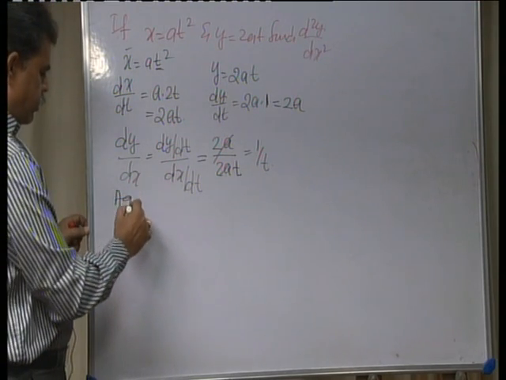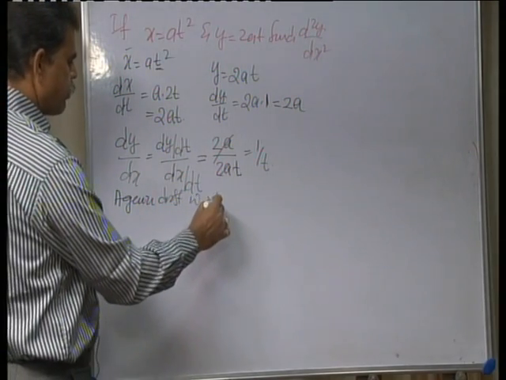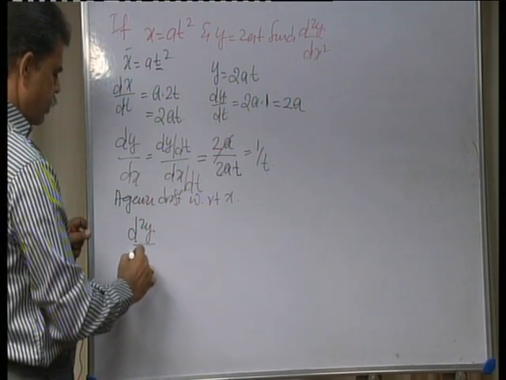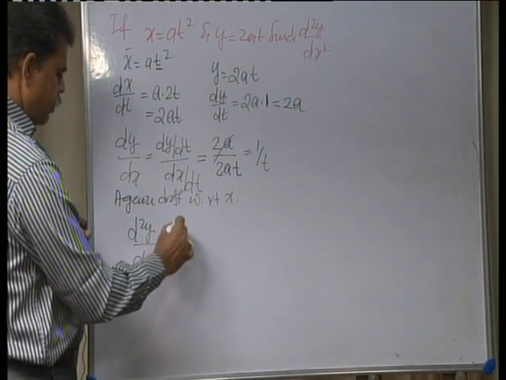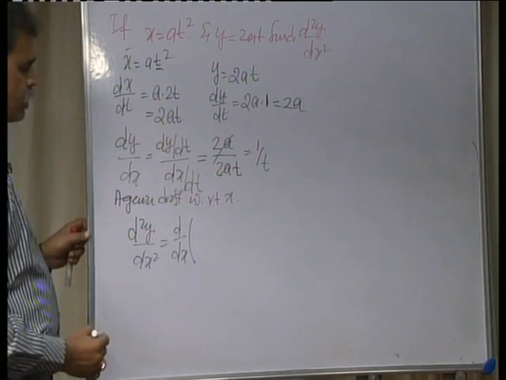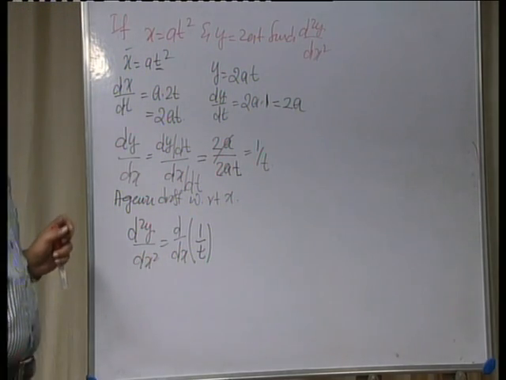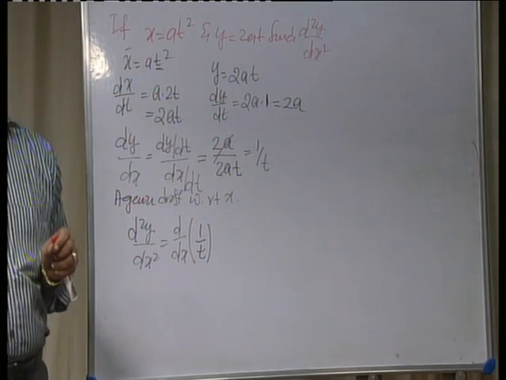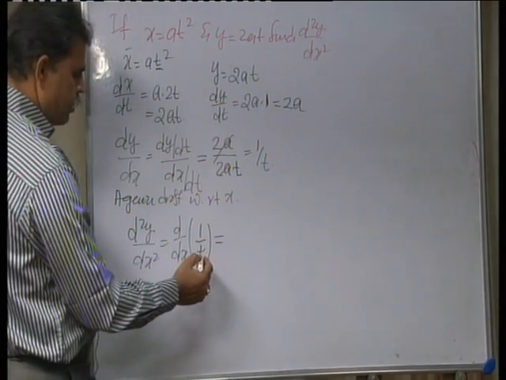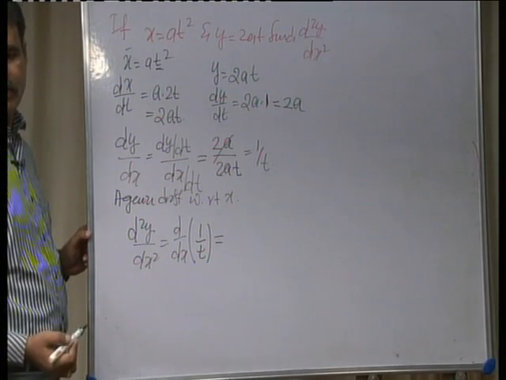Again differentiate with respect to x, we get d square y by dx square. It is nothing but d by dx of 1 divided by t. So, differentiation of 1 by t, we have to differentiate with respect to t, but here the function is in t.